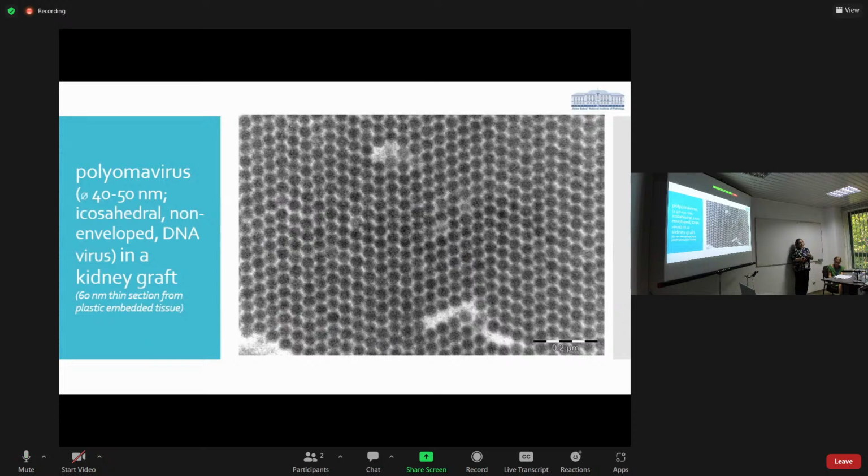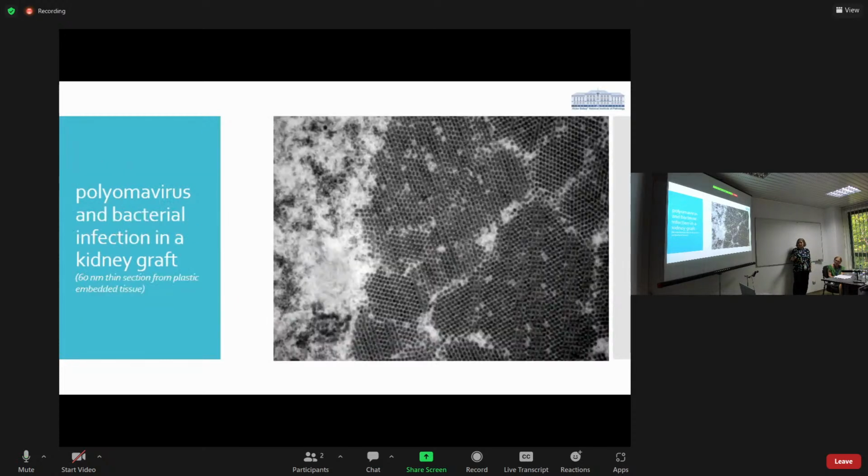In transmission electron microscopy, when we do sections from plastic embedded tissue, the section is about 100 nanometers thick. So we have the entire particle in the section, and even more, and sometimes we have different layers superimposed in the same 2-dimensional image.